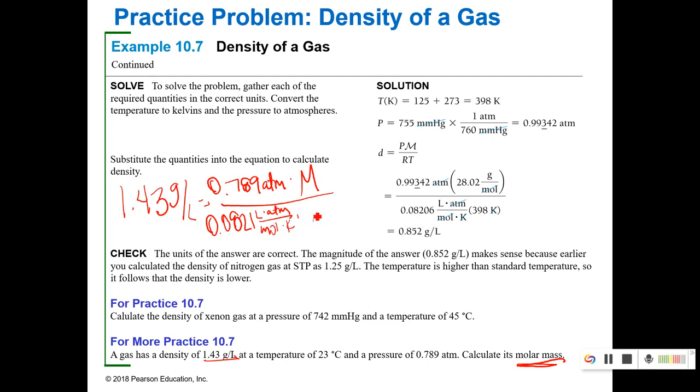And then 23, it'd be 296 Kelvin. All right, so this is a cross multiply situation.